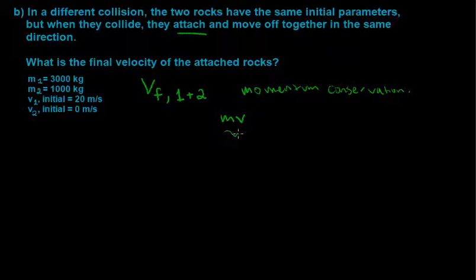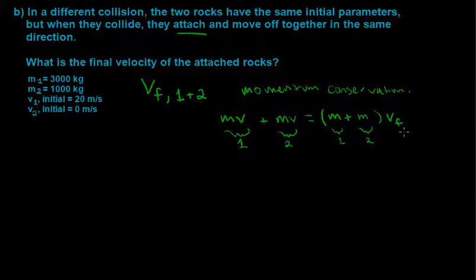We can have the initial state, the initial momentum of rock 1 plus the initial momentum of rock 2 is going to equal, and then in the final state, just to make things easier for us, we are going to have the mass of rock 1 plus the mass of rock 2, in parentheses, times the final velocity overall, because both of these combined masses as one big total mass times our final velocity is that overall final momentum.